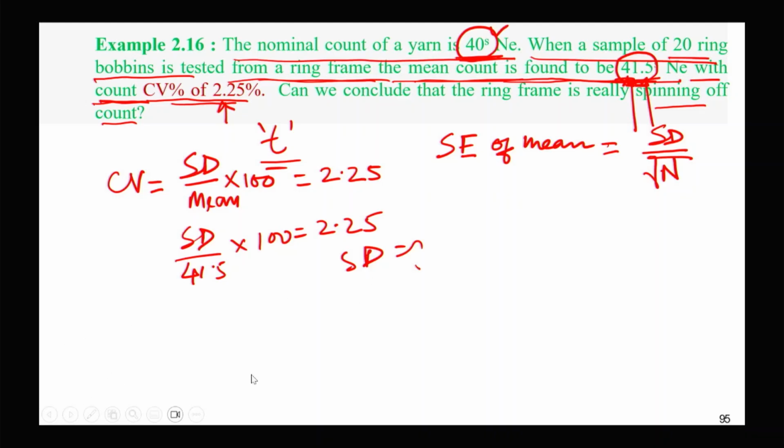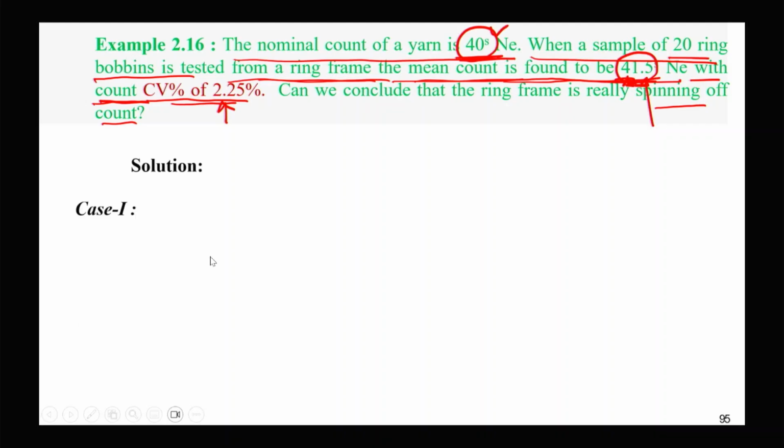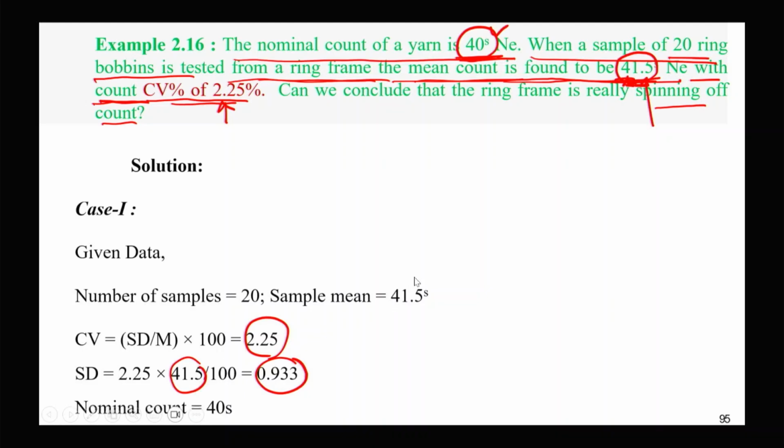First we need to calculate the standard deviation, which is required for calculating the standard error. For a sample mean of 41.5 and CV of 2.25, the standard deviation is 0.933. 41.5 is the mean, 0.933 is the standard deviation of the sample, and the nominal count is 40.